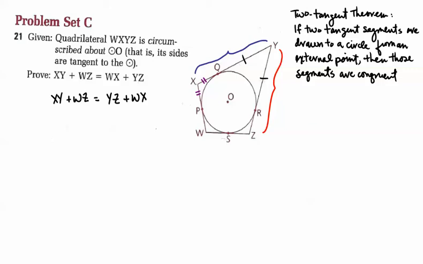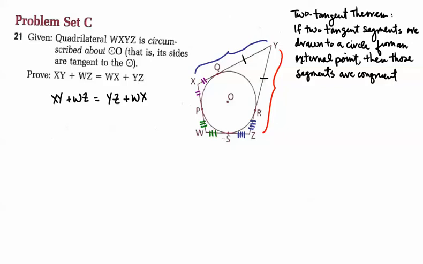Then PW is congruent to WS because, again, there are two tangent segments drawn from an external point. Then we have SZ is congruent to ZR because those are also tangent segments drawn from an external point.